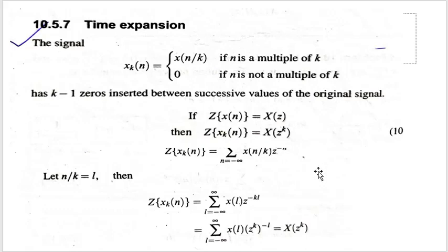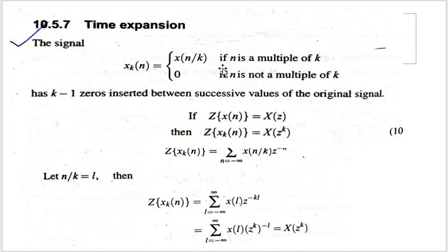Here you can prove that the z transform of xk of n equals the summation n equal to minus infinity to infinity of x of n by k z power minus n. Here xk of n is nothing but x of n by k for the multiples of n only.